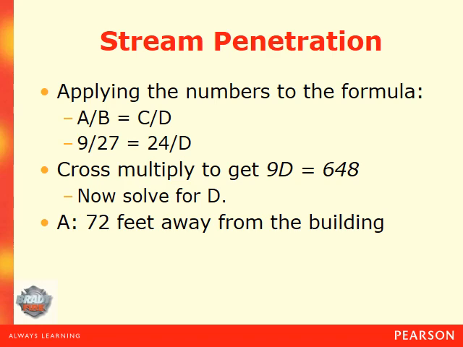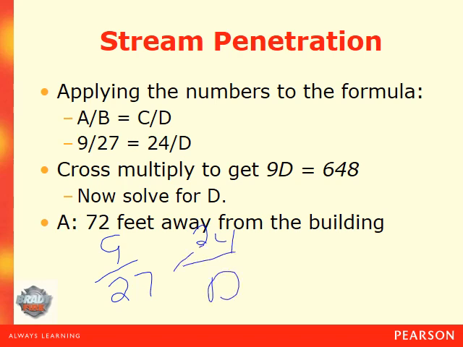So now we apply our formula. A over B equals C over D. And this time we've already got the A over B side figured out. So that's 9 over 27 equals 24 over D. So now all you have to do again is cross multiply. So 9 over 27 and 24 over our unknown.